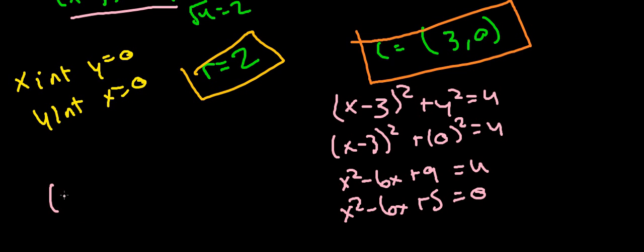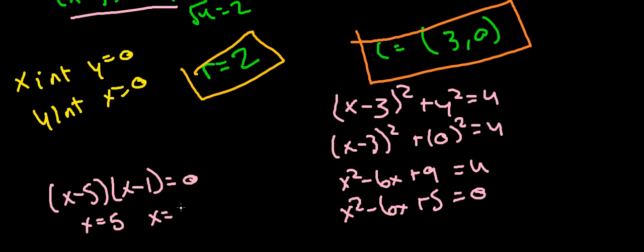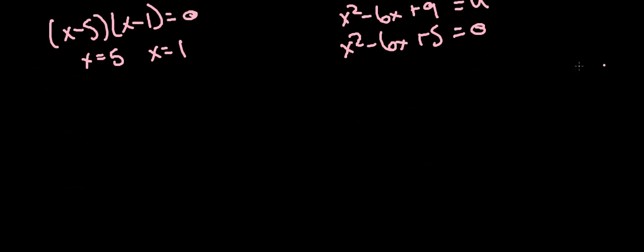So I have (x minus 5) times (x minus 1) is equal to 0. My solutions are x is equal to 5 and x is equal to 1. So these are my x-intercepts: (1, 0) and (5, 0).